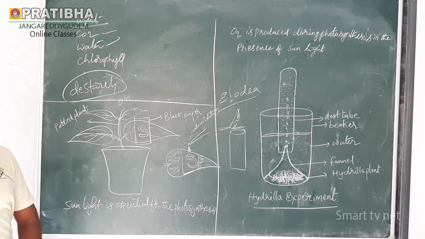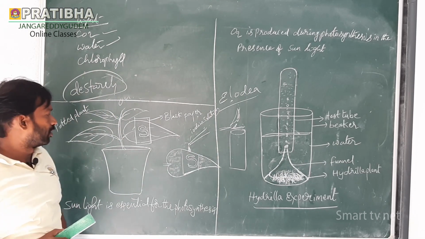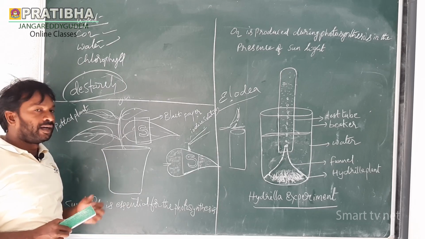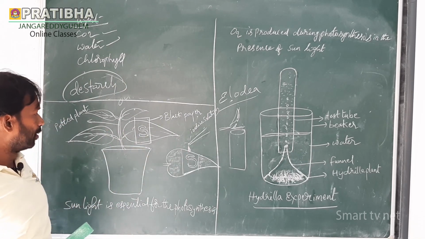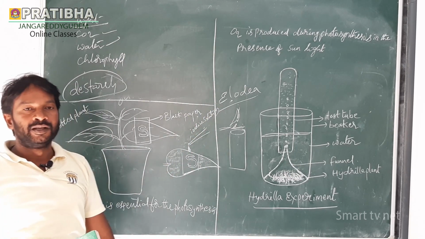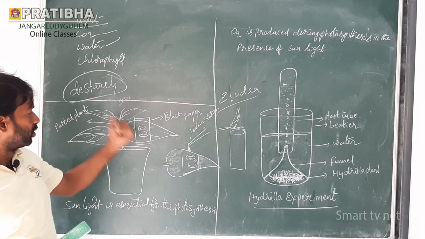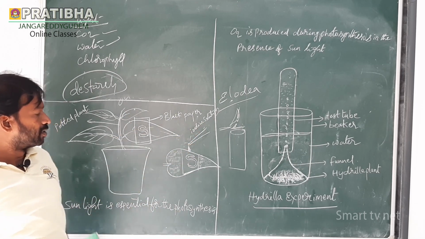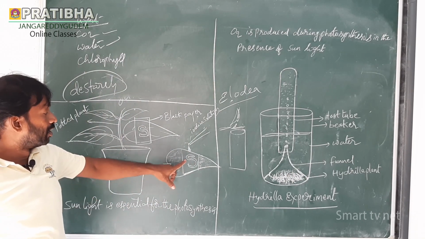Now this plant we have to keep in the sunlight. 3 to 4 hours after, take the leaf from the plant, separate the leaf from the plant, and follow the iodine test, the test for the presence of starch. Next, remove the black paper and add 1 or 2 drops of iodine solution.